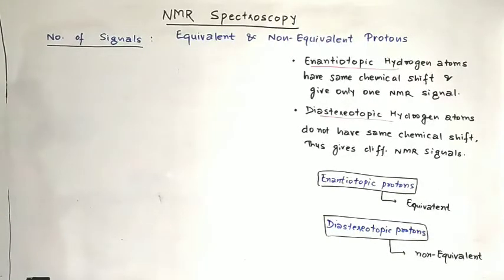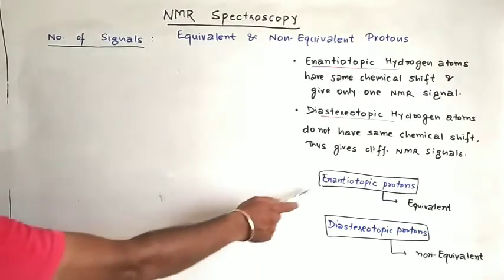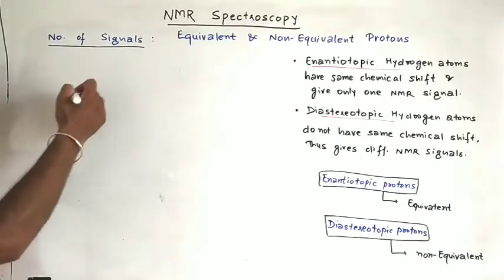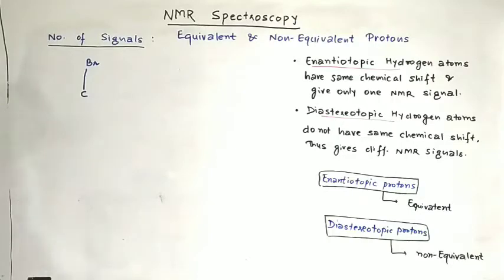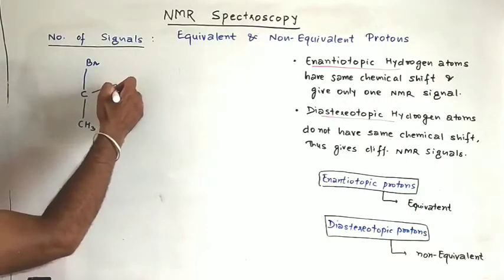So enantiotopic protons, or hydrogen atoms, if present in an organic compound, they always give the same chemical shift. Means you can say they are equivalent. Enantiotopic protons are equivalent. Diastereotopic protons, they are non-equivalent. So we will discuss some examples. Suppose this is the compound with a prochiral carbon. There are two hydrogens attached here.